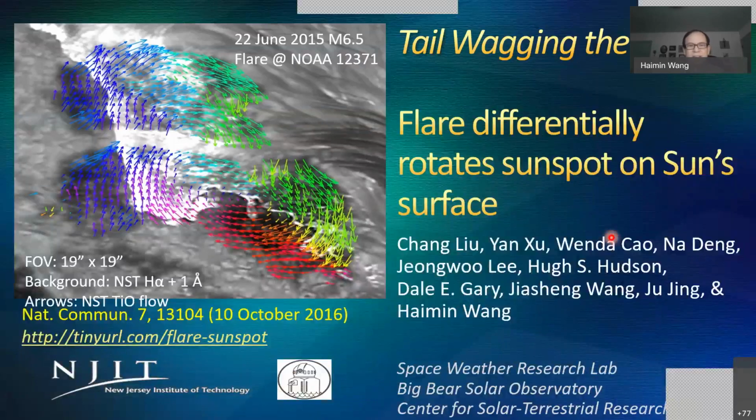Now that it's the same flare, I will show one kind of interesting thing that was published by Chang Liu in Nature Communications. So there is a famous saying about the dog versus the tail.